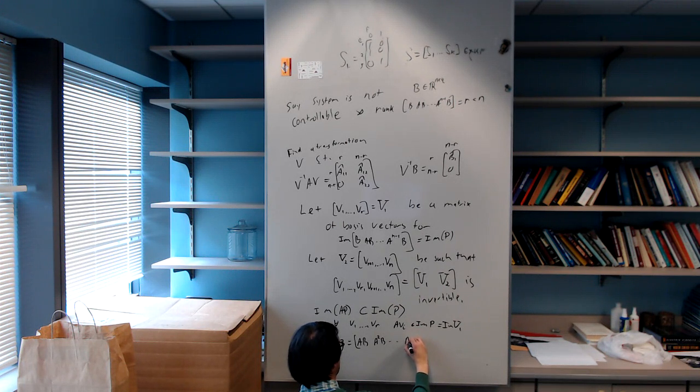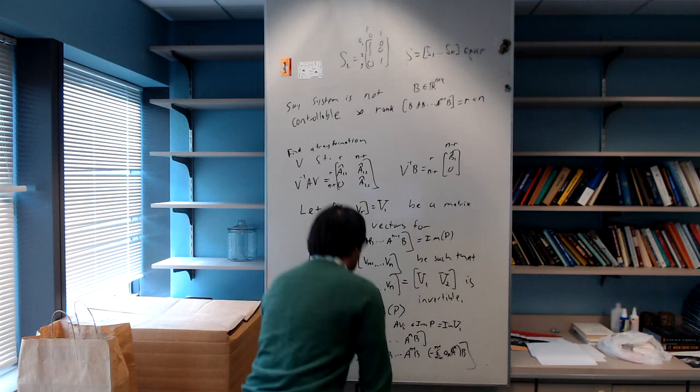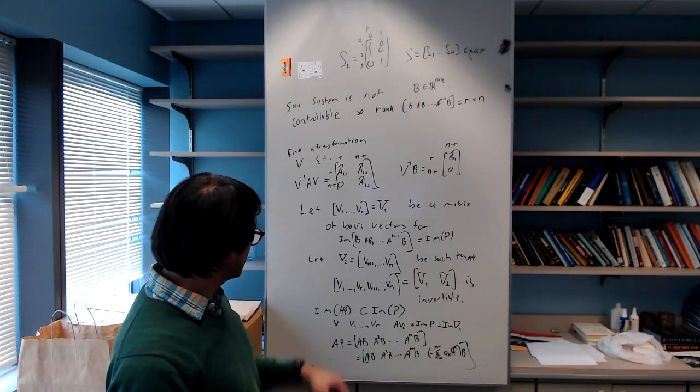But we can use the Cayley-Hamilton theorem again for this thing. So it's [AB, A^2 B, ..., A^(n-1)B, minus the sum over k equals 0 to n minus 1 of a_k A^k B]. All right. So we have AP is equal to that thing.